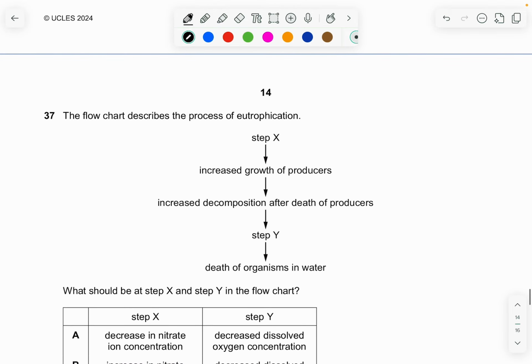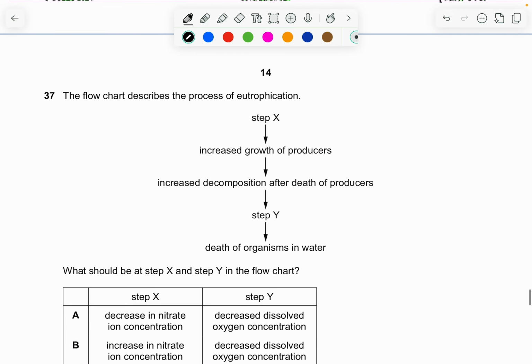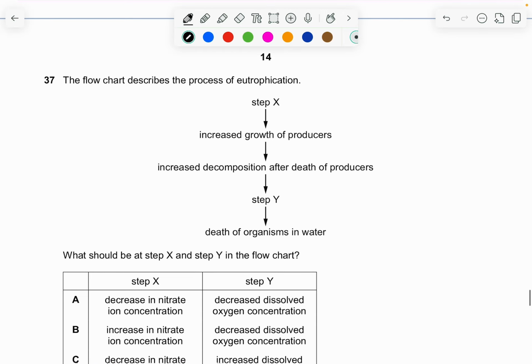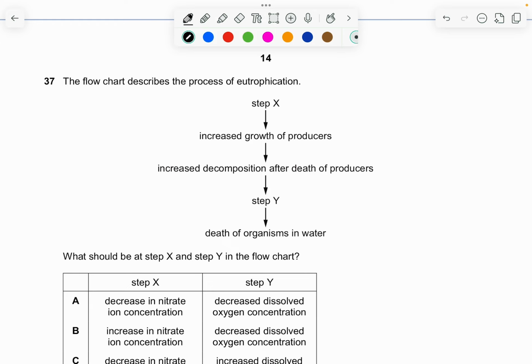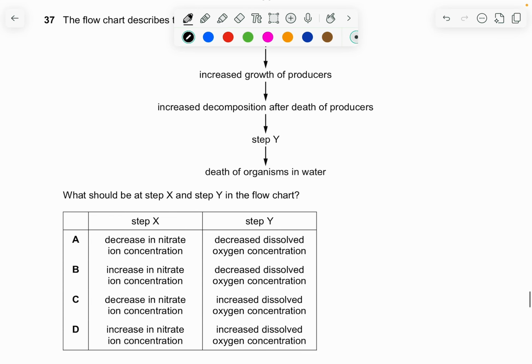Okay, question 37. The flow chart describes the process of eutrophication. So what should be at step X and step Y in the flow chart? Okay, so of course, when you talk about eutrophication, there's always a lot of nitrate ions inside the pond. Then it will seep to the bottom and then plants will grow. So first of all, it will be an increase in nitrate concentration.